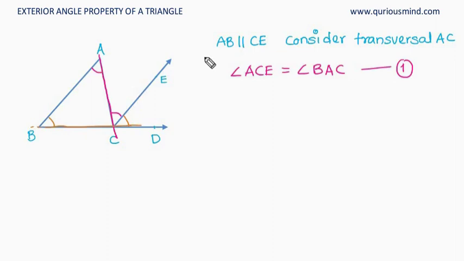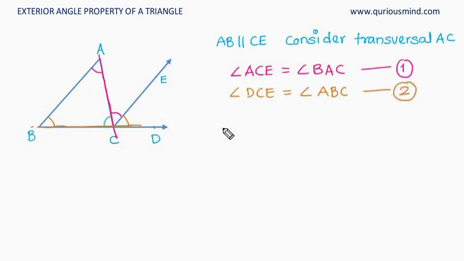This is parallel here, and hence this angle and this angle are corresponding angles, and that gives me angle DCE is equal to angle ABC. Why? They are corresponding angles.